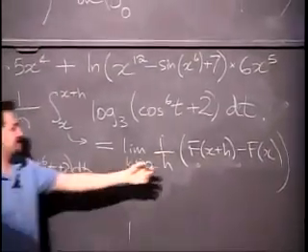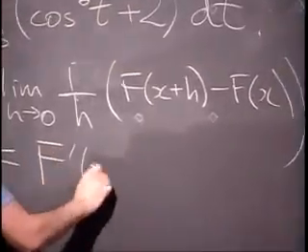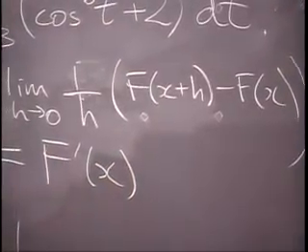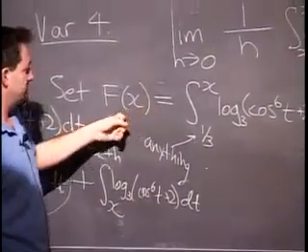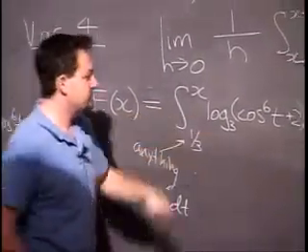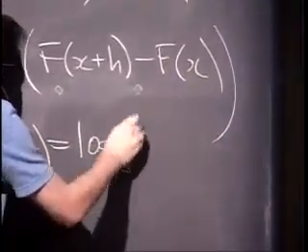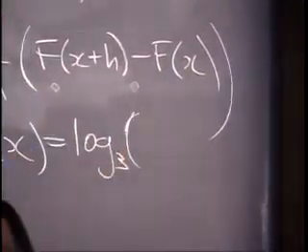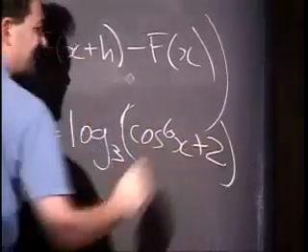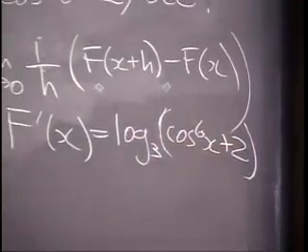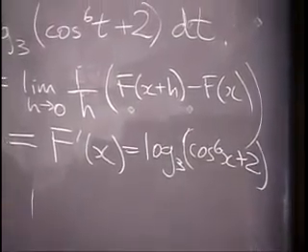The point is that this is just the derivative of capital F. But by the first fundamental theorem, this is just the derivative of this integral, which is the integrand. Finally, I get to write, man, I'm being aggressive with this chalk, I get to write the integrand, but with an x and no integral. Tricky stuff. Tricky stuff.